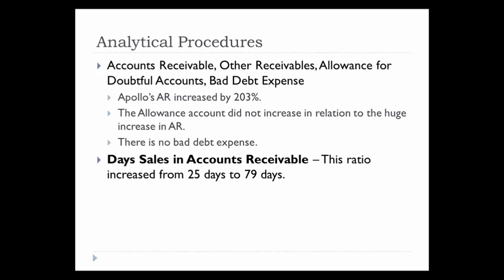The fact that this hasn't gone up and there's no bad debt expense should tell you that there's probably going to be an audit recommendation or proposed adjustment to increase the allowance for doubtful accounts. So we would see that bad debt expense would increase and the allowance for doubtful accounts would increase.